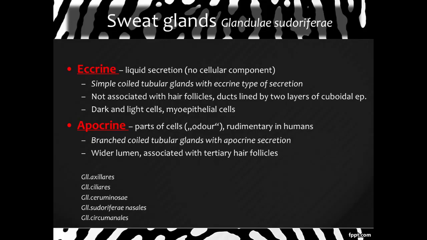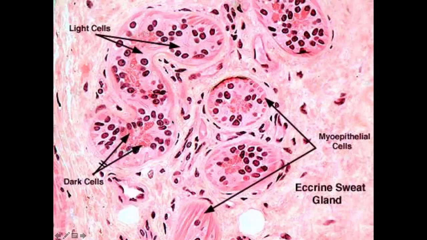As I mentioned, the dark and clear cells of the eccrine sweat glands. The clear cells or the light cells are characterized by glycogen storage, and the dark cells are typical protein secreting cells.